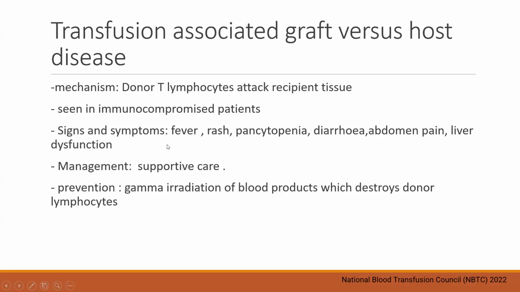Signs and symptoms are fever, rash, pancytopenia, diarrhea, abdominal pain, liver dysfunction. Management is mainly supportive care. It can be prevented by gamma irradiation of blood products, which destroys the donor lymphocytes.